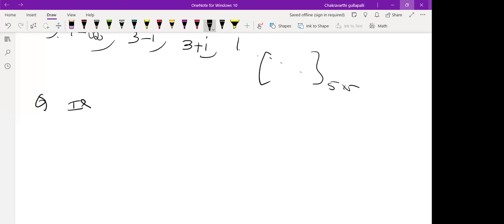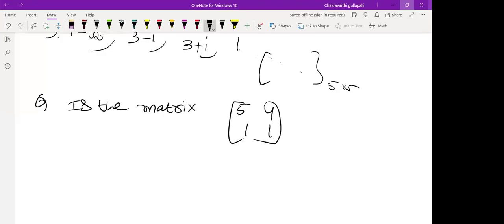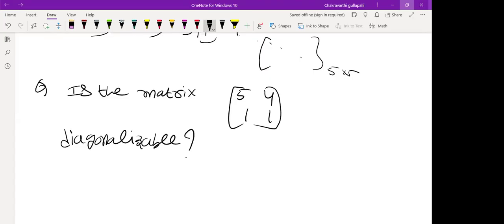Is the matrix diagonalizable? So, how to know whether it is diagonalizable or not? First, we have to get the eigenvalues. How to get eigenvalues?